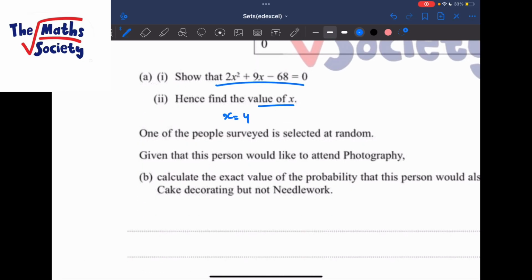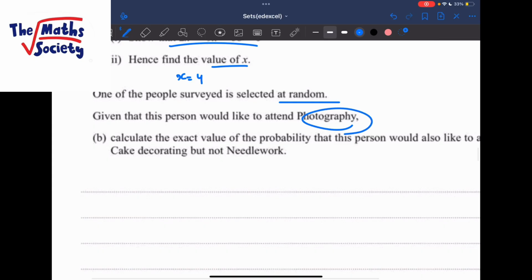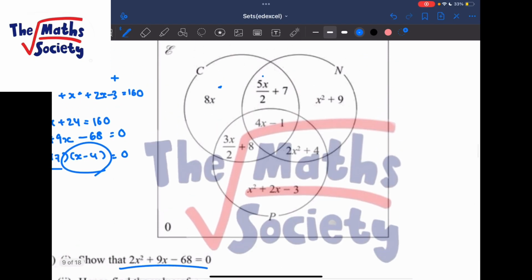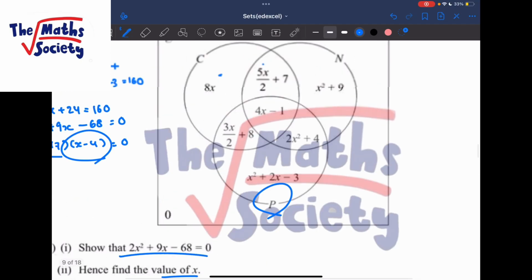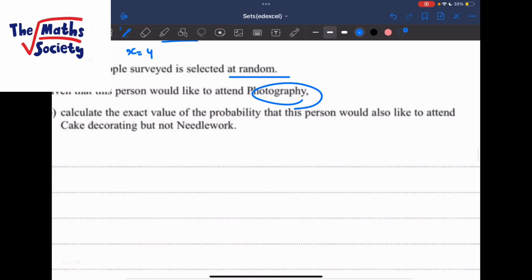It says that one of the people surveyed is selected at random, given that the person likes to attend photography. Calculate the exact value of the probability that the person will also like to attend cake decorating but not needlework.